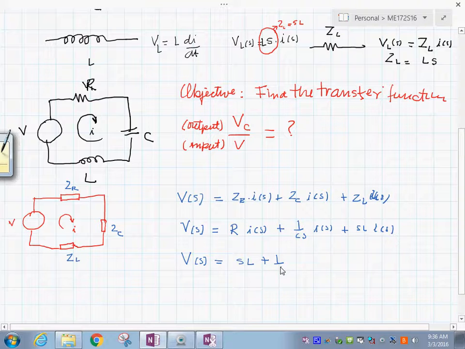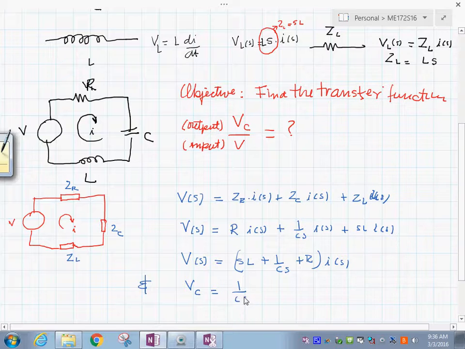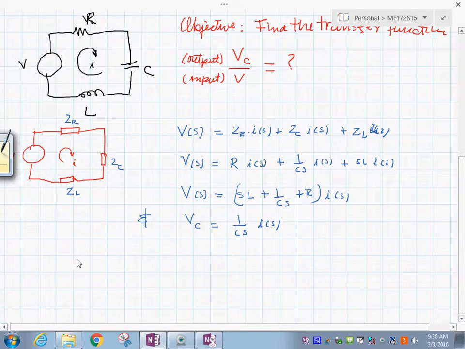Like this: if I put this is 1 over CS times I of S, and the other one was S times L plus 1 over CS plus R multiplied by I of S. So what do we get here? This would cancel out, yeah?